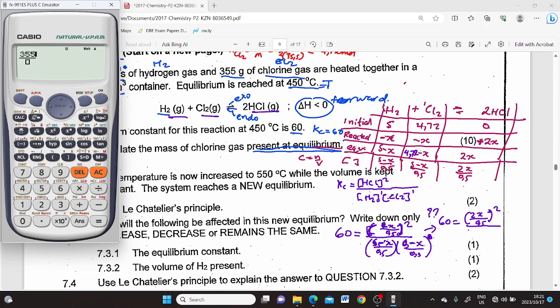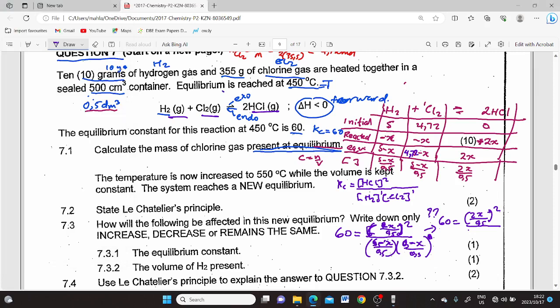Yeah, we made a mistake here. That is supposed to be 5. It's fine. That was supposed to be 5.